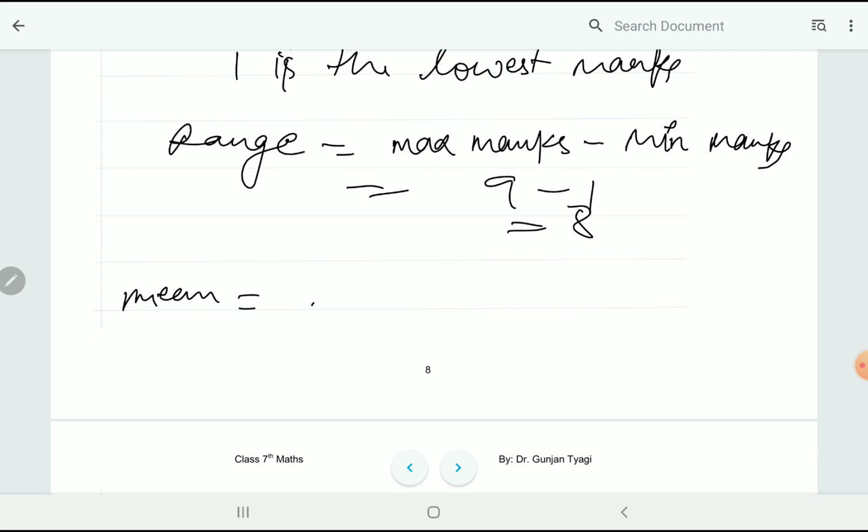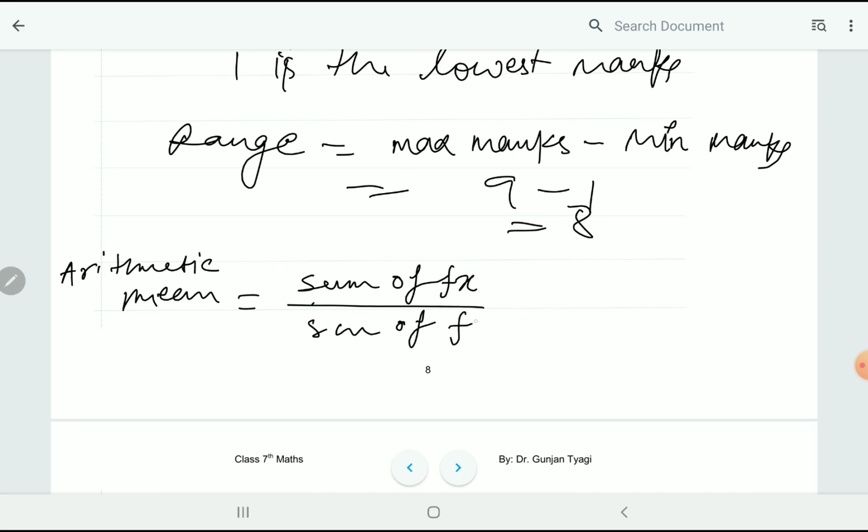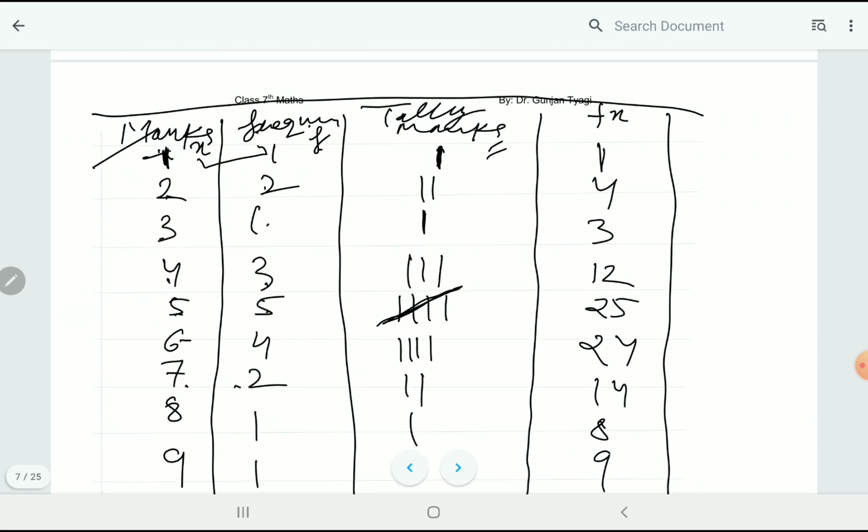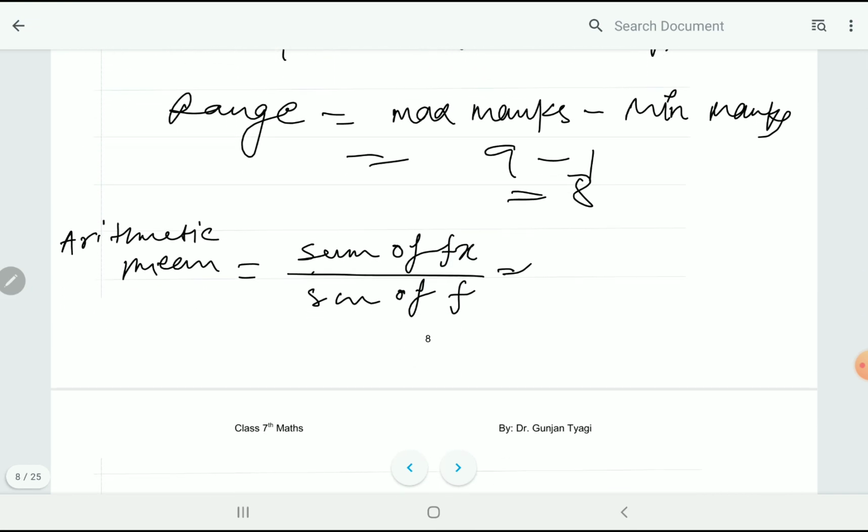The formula to find the arithmetic mean is the sum of fx divided by the sum of f. Sum of f is the sum of the frequency.